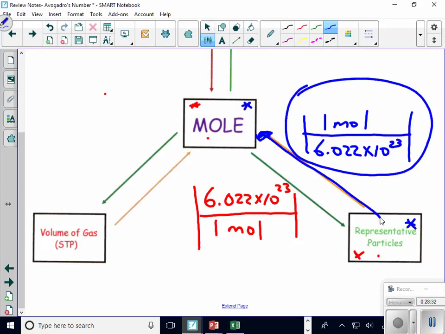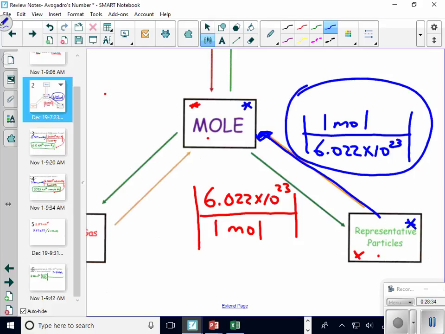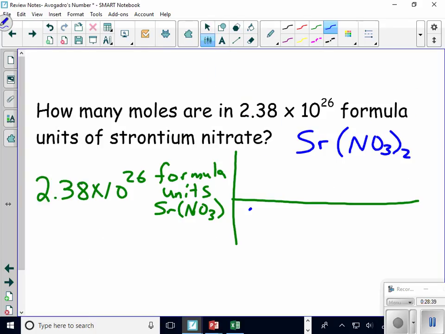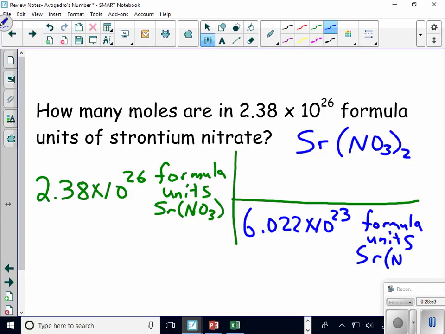My Avogadro's number is on the bottom. So when I come back down here, I put 6.022 times 10 to the 23rd formula units of strontium nitrate is over or under 1 mole of strontium nitrate.